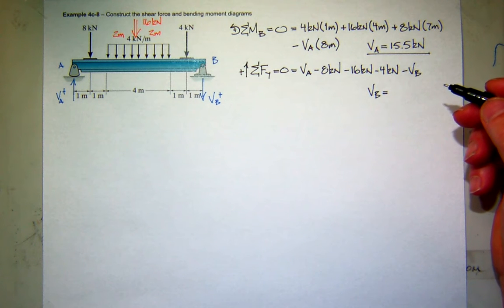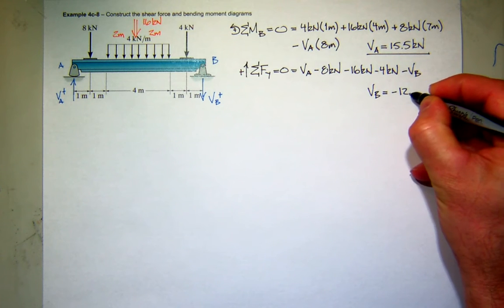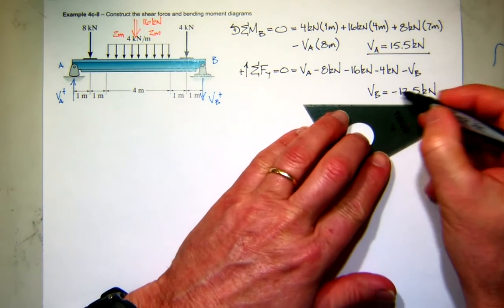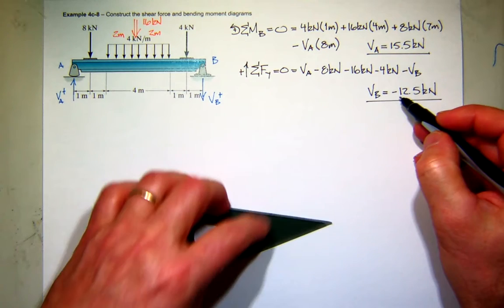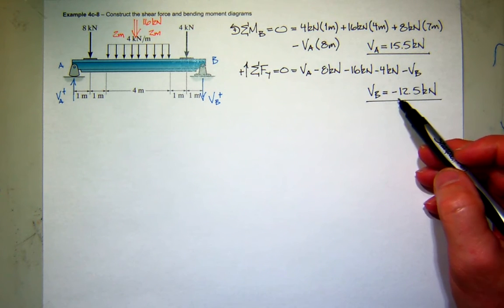Is that what you guys get? 12.5, sorry. Negative 12.5. So I now know that the shear at B is negative. So I know where to start, 15.5. I know where to end.